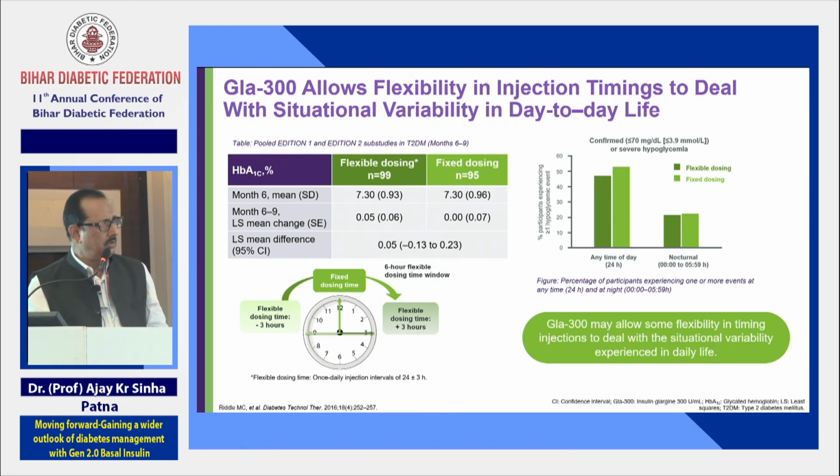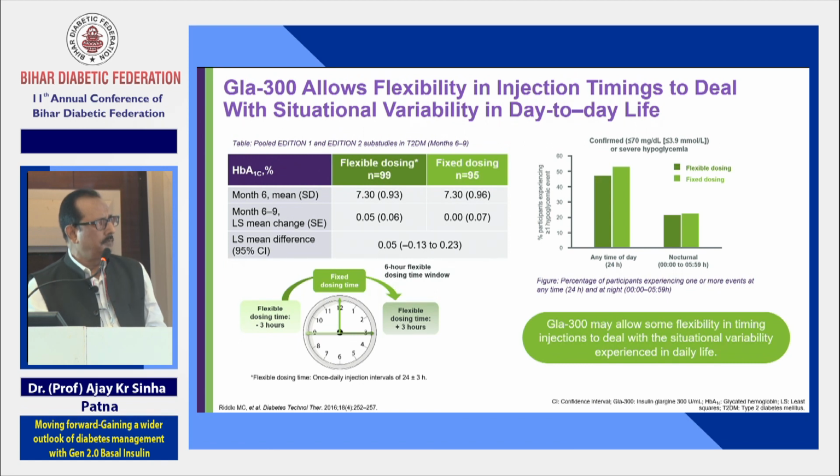This was a study done by some researchers, and they concluded GLA 300 may allow some flexibility in injection timing to deal with the situational variability experienced in daily life. So this is the green line, and this is the GLA 300.